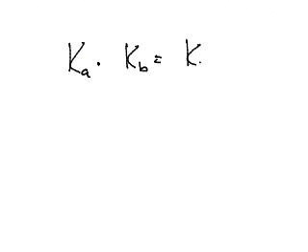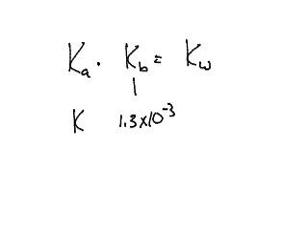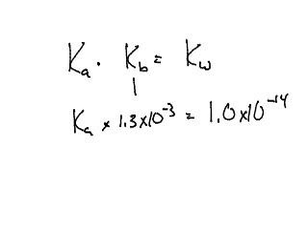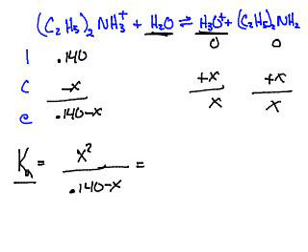Remember Ka times Kb equals Kw, and the Kb is 1.3 times 10 to the minus 3. Ka times this is equal to 1.0 times 10 to the minus 14th. You simply solve for Ka by dividing, and you get 7.69 times 10 to the negative 12.